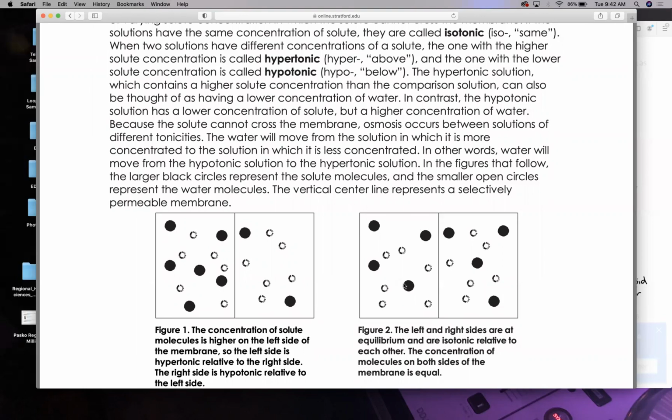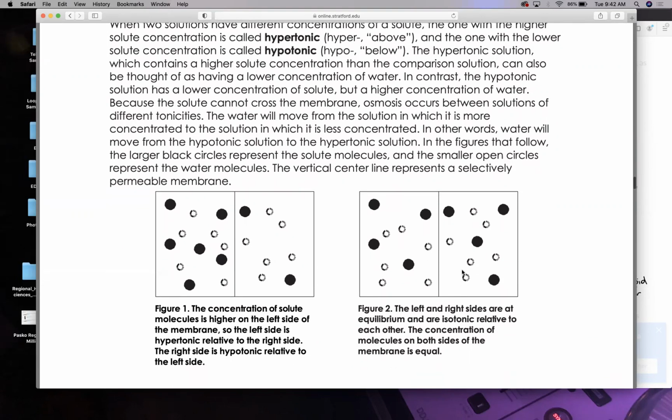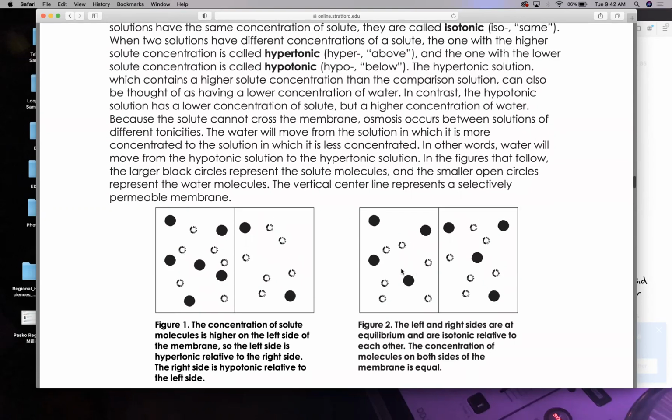So you see here, 1, 2, 3, 4 salt molecules. And how many water molecules? 1, 2, 3, 4, 5, 6. So we can say both the left and right sides are equal, right? And they're isotonic because they both have the same concentration of water and the same concentration of salt on either side.